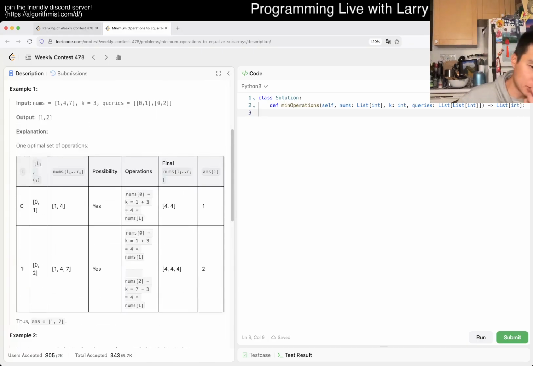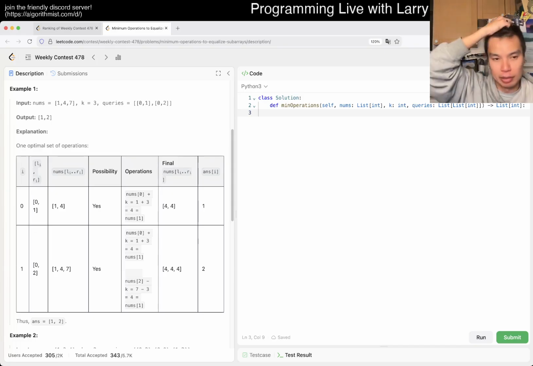I mean, I guess the median is the hard part, right? Is it median? I'm pretty sure it's median. No, it's the median. Yeah.